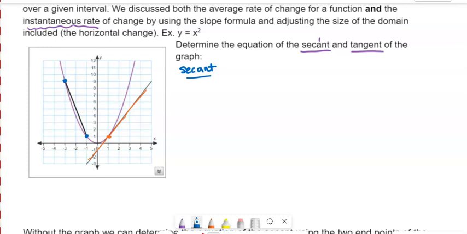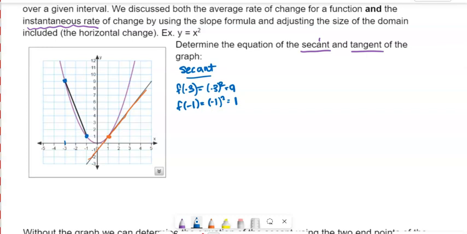Okay, so for the secant, we need to find 2 points on this graph. Let's take the point where x is -3. So f at -3 equals -3 squared, which is 9. And f at -1 equals -1 squared, which equals 1.